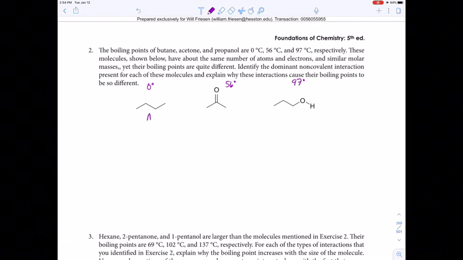Okay, so we're going to just label these as A, B, and C. In A, we can check back a couple pages ago, and we'll find the only intermolecular forces for this molecule are London dispersion forces.